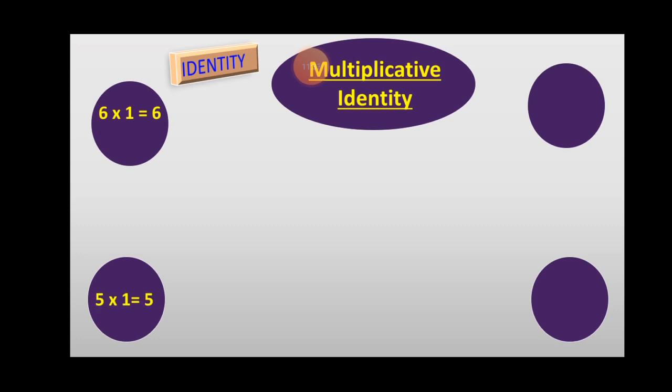Now here comes the next identity, the multiplicative identity. Children, you can see I have taken 6, and when I multiply 6 with 1, I get 6. When I take the next example, 5 multiplied with 1, the product is 5 only.